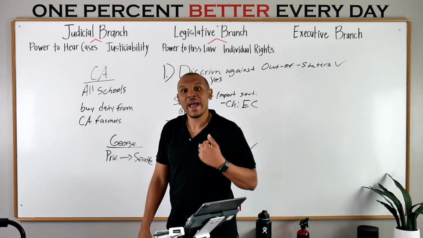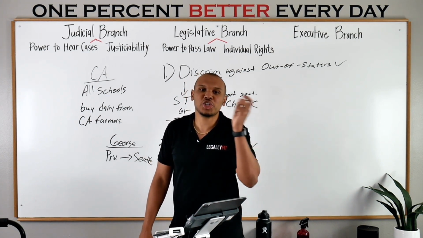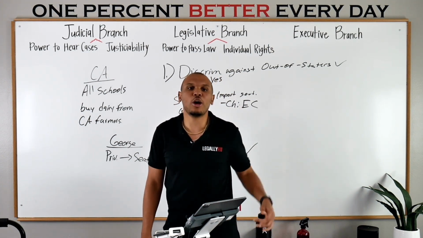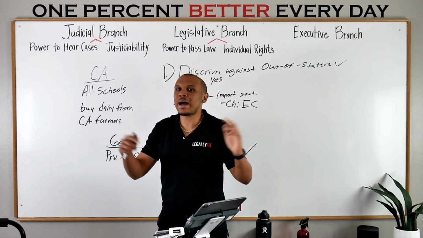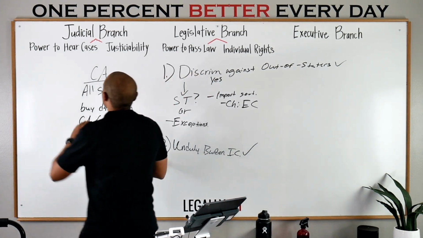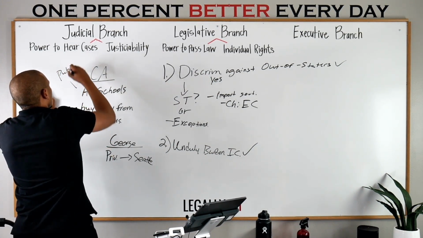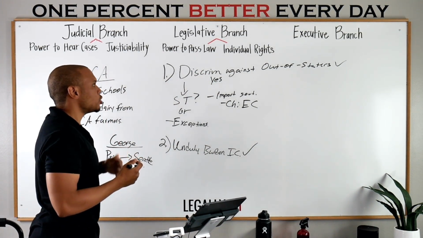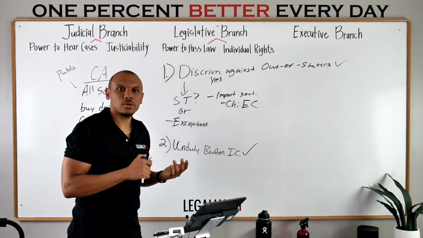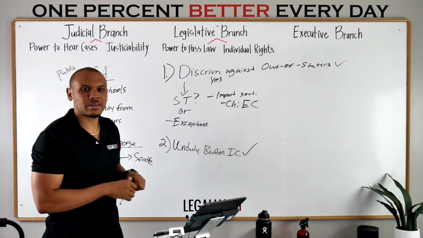That's Tamar saying, hey, I'm only going to buy from California farmers, and now she's forcing Shane and Lily and Esteban to also only buy from California. No, that's not market participant anymore. But if the state were to say it was only public schools, public schools are state entities, you're no longer regulating private conduct in regards to buying something. That would be market participant. That makes sense, Tamar?